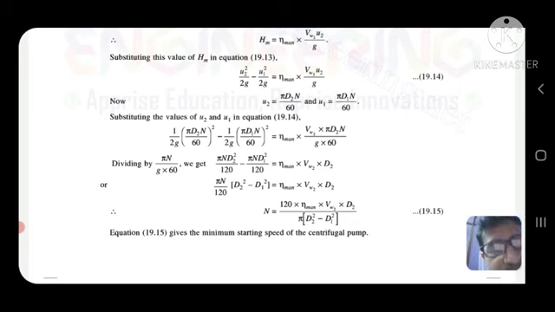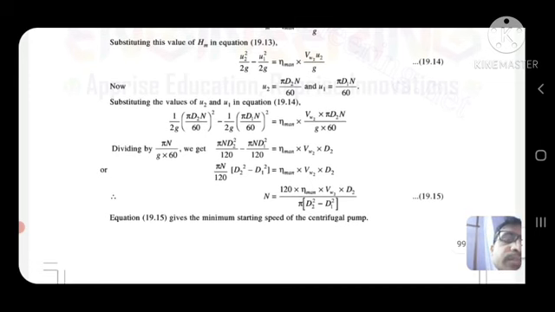So pi N by 120 into (D2 square minus D1 square) equals eta manometric Vw2 D2. So N equals 120 into eta manometric into Vw2 into D2 divided by pi (D2 square minus D1 square). That gives the minimum starting speed of the centrifugal pump.